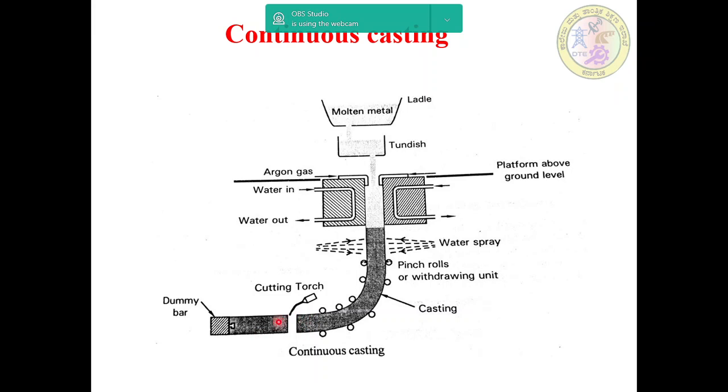The dummy bar is initially placed at the bottom of the mold to receive the first liquid metal. It is later disconnected from the casting. This is the simple continuous casting process.